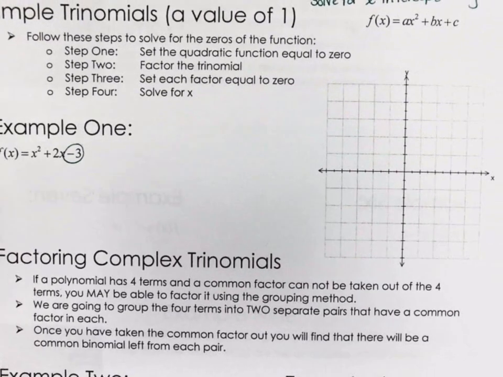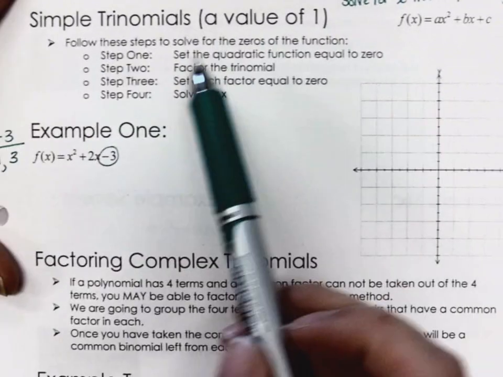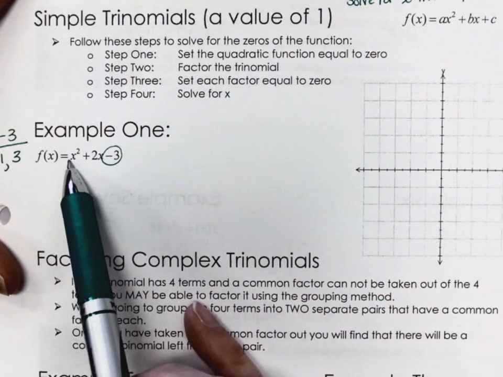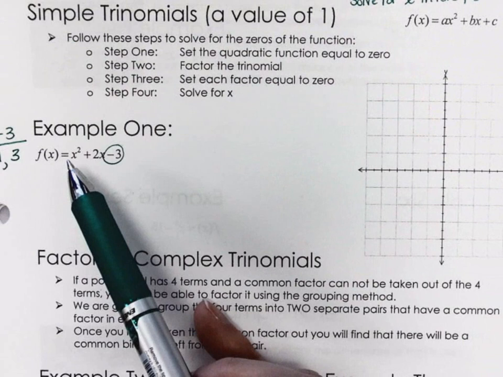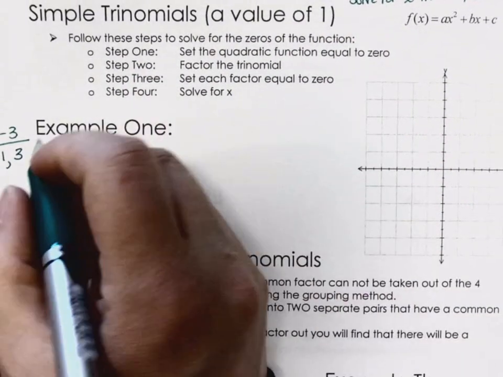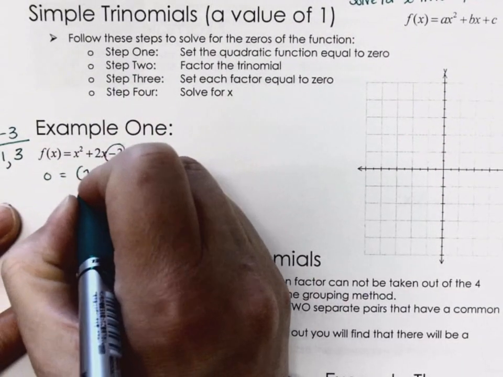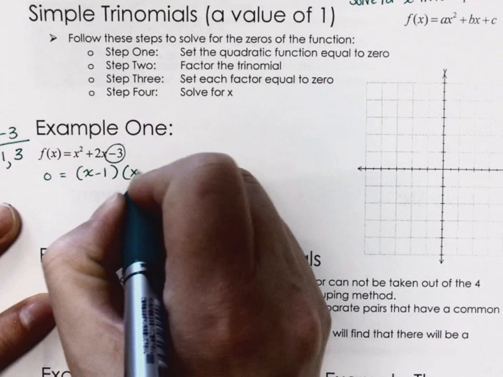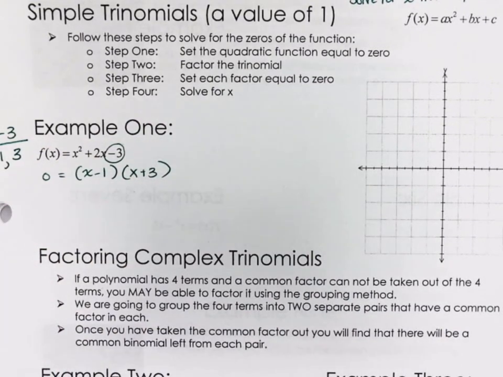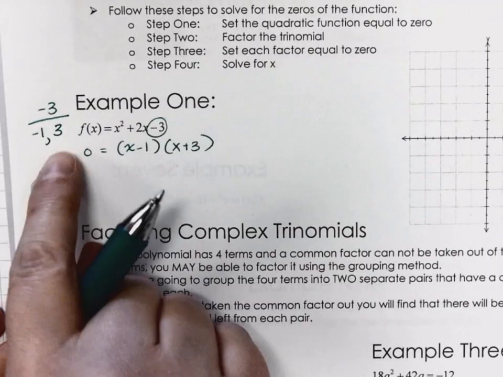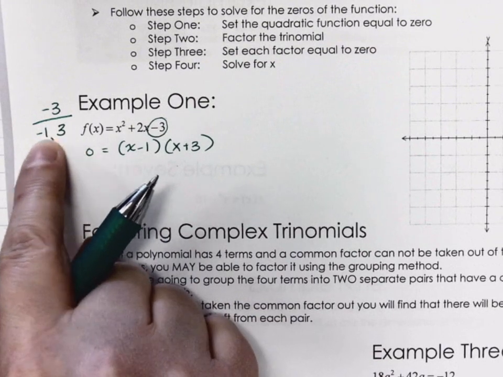But with simple trinomials, that means the coefficient on the x squared is a positive 1. We can go right to here. Sometimes I'll do that, and I'll get those two numbers from the factors.